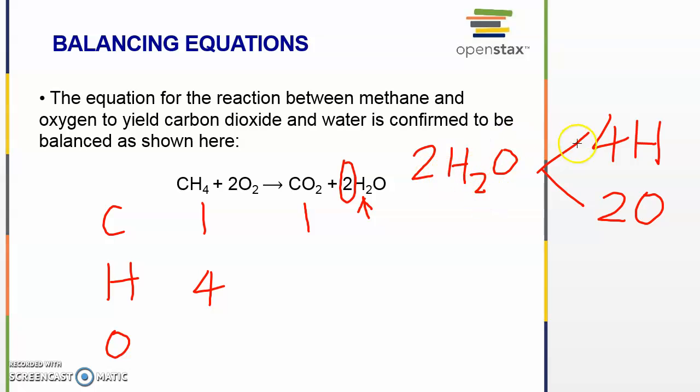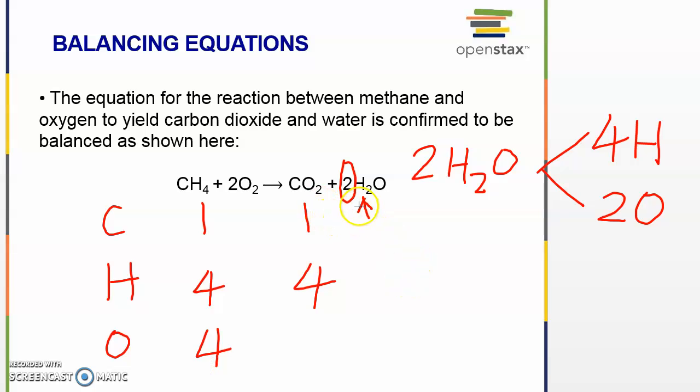2 multiplied by 2, that's how I get the 4, and 2 multiplied by 1, that's how I get the oxygen. So in this case, I have 4 hydrogen atoms on the right. What's left? Oxygen. On the left, I have 2 times 2, so I have 4 oxygen atoms.